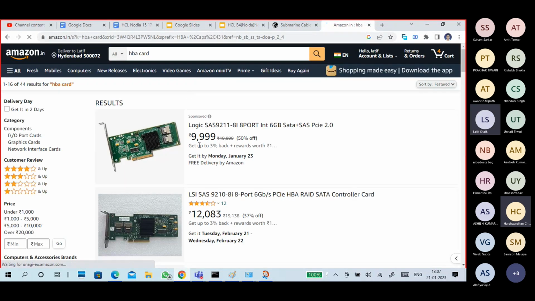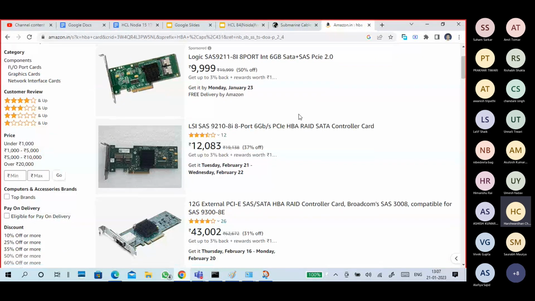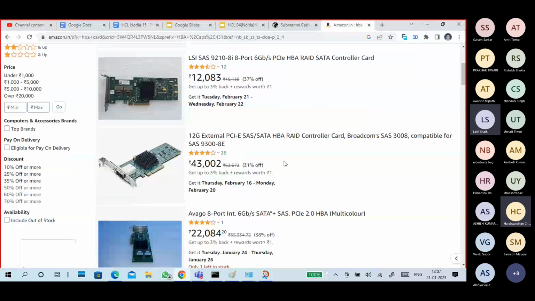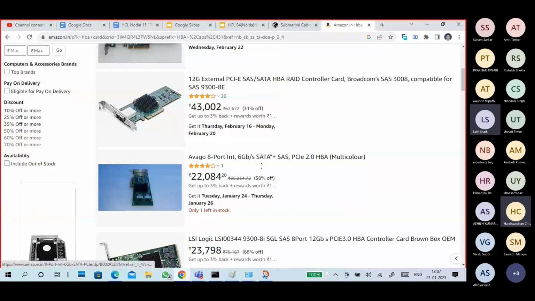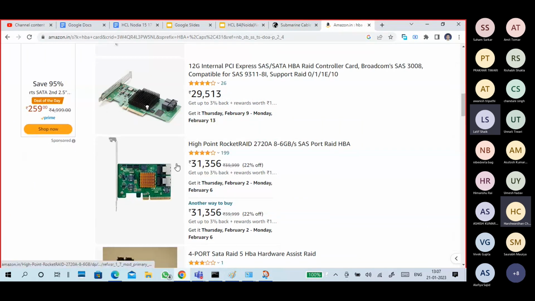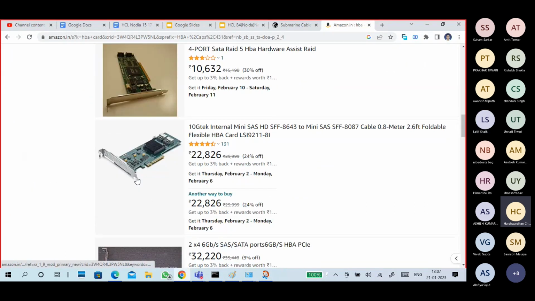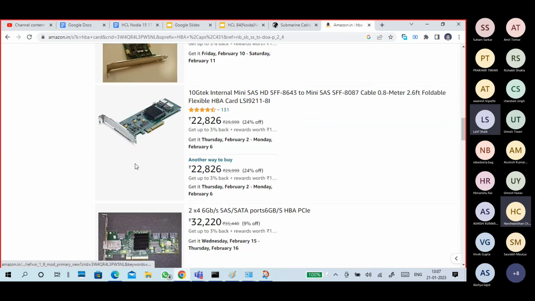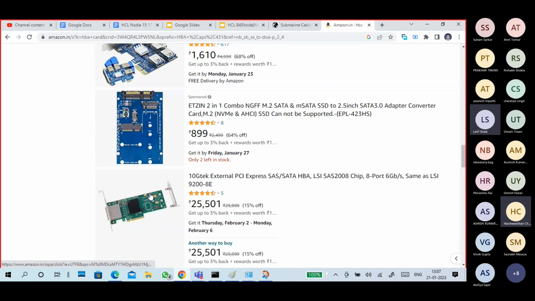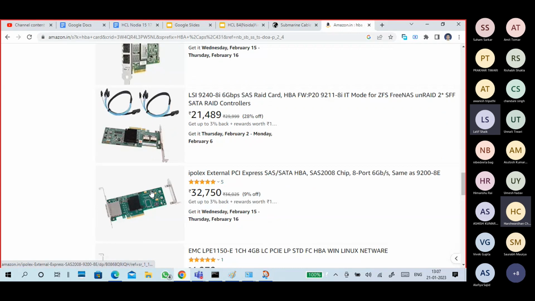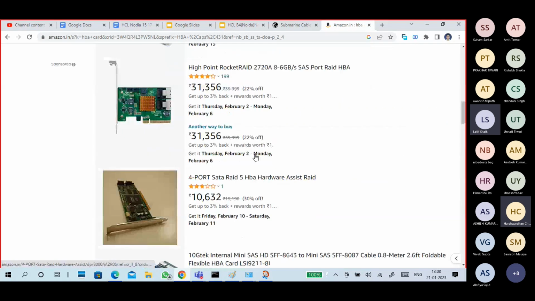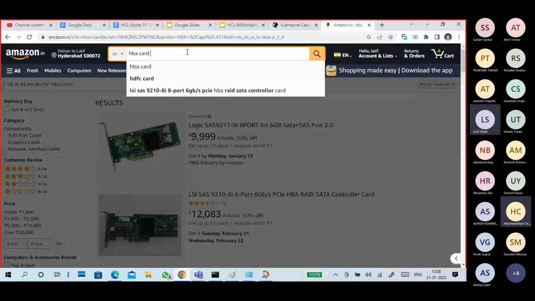See, this is a 12G HBA RAID controller. This is again for storage purposes only. See, the board itself is costly, and this is different, not the cable one. I want a fiber optic LAN connector, but it is showing an HBA and a different connector.